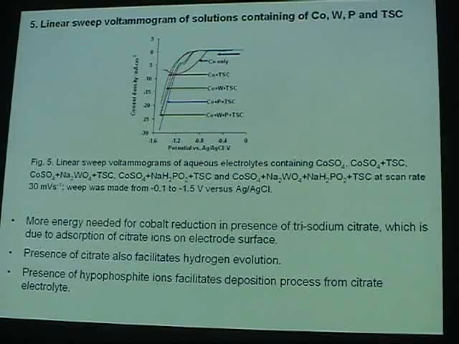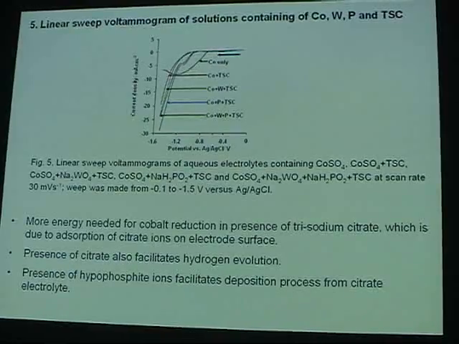That means it needs more energy to reduce cobalt from the citrate containing electrolyte, because citrate is known to adsorb on the electrode surface and block some active surface area for the reduction of cobalt. But when we put in some phosphorus, we again get a limiting current, and it becomes mass transfer controlled again.